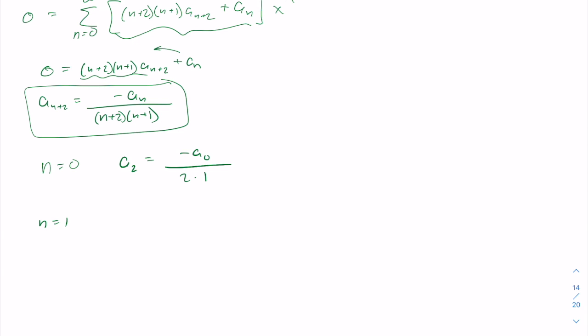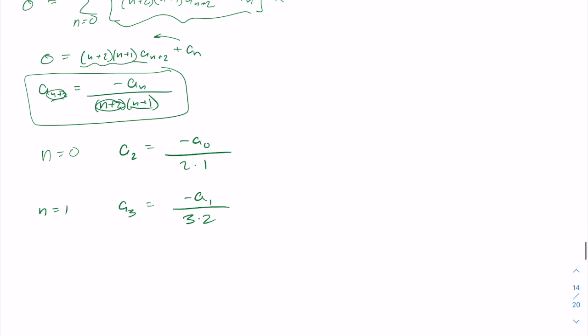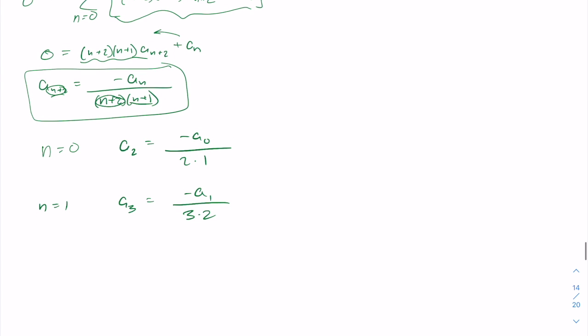When n equals 1, I have a sub 3 equals minus a sub 1, okay, so n is 1, that's 3, that's 1, divided by, just to note here, this number and this number match, if that makes this formula faster in your head. So 3 times 2, and then this one is one smaller than it. And that's all I can do with that one.